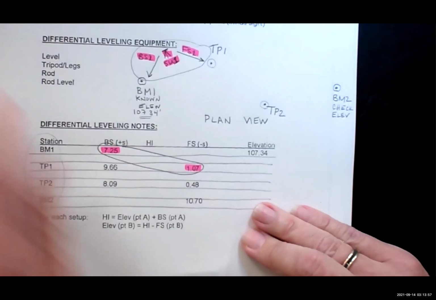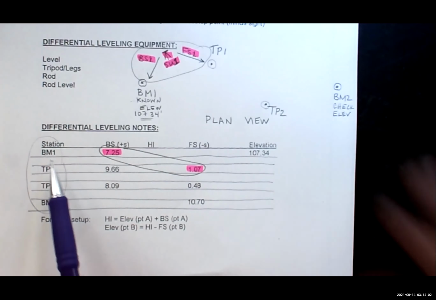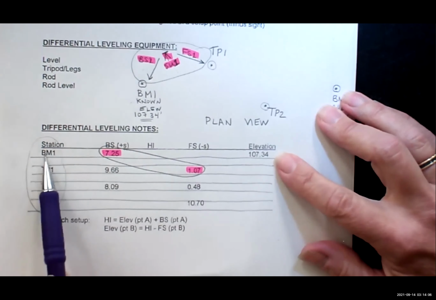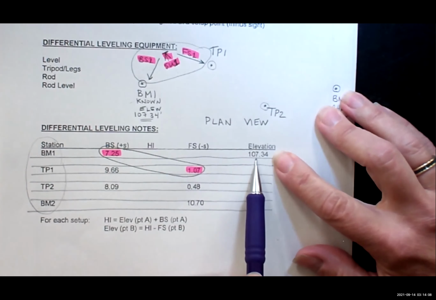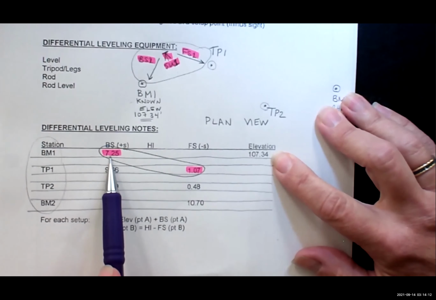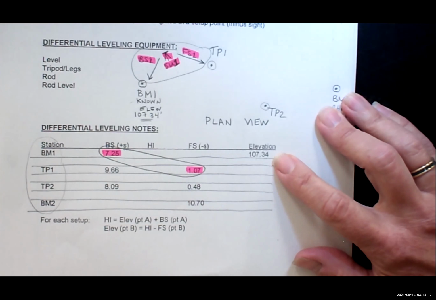I think I want to zoom in a little. How's that? Okay. So what do I have to do? Look at benchmark 1. The only information I have about benchmark 1 was the given elevation of 107.34. And then I took a back sight. What did it allow me to calculate? Mackenzie?